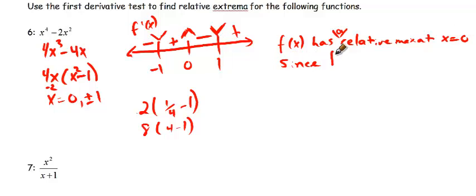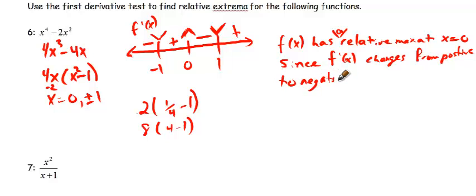Since f prime of x changes from positive to negative at x equals 0. And it's not much fun to write that whole sentence out, but you really want to write it out. You want to show the AP crew that you know what you're talking about.